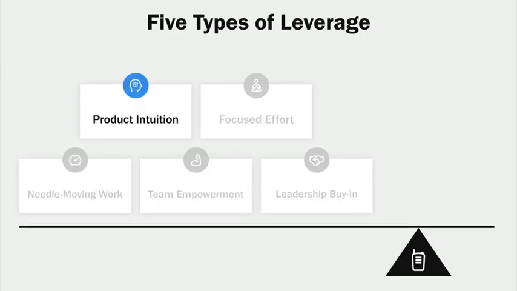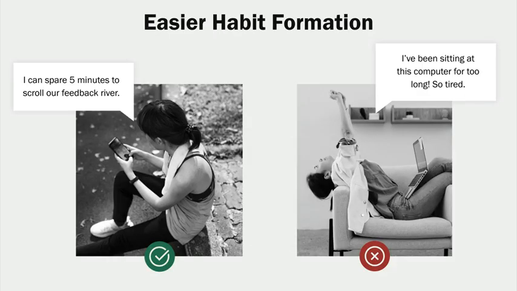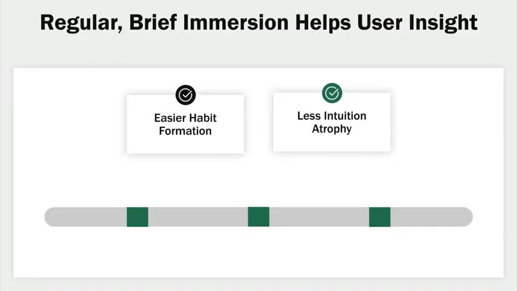The same analogy applies to a PM who wants to develop their product intuition muscle. A PM who views feedback immersion as a short scroll through the feedback river is much more likely to maintain their feedback immersion habits than a PM who thinks they have to sit down for an hour and a half each time. The second reason regular brief immersion is preferred is because it prevents intuition atrophy.